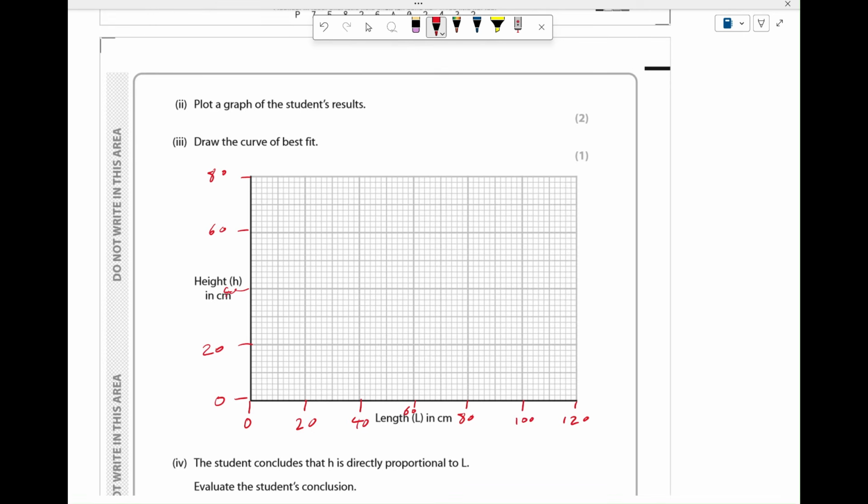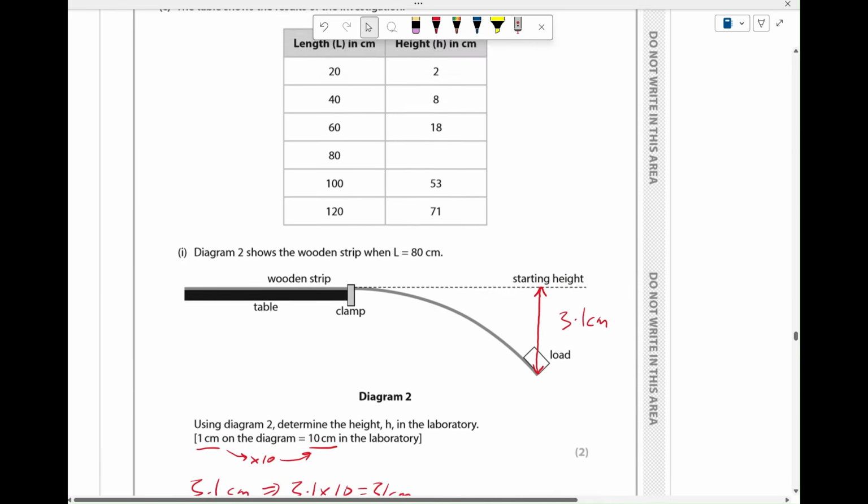Okay, so 20 centimetres of length gives us 2 centimetres, 40 gives us 8, 60 gives us 18, it's going to curve, 80 gives us 31, 100, sorry, that one we don't know actually, that's the next question, I do apologise. 100 gives us 53, 120 gives us 71, that's from the results here, is it?